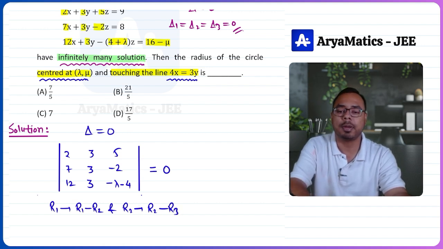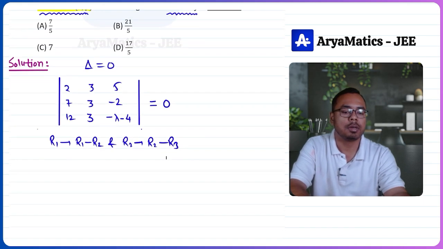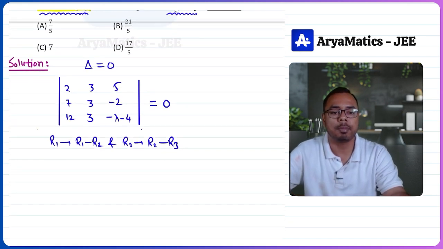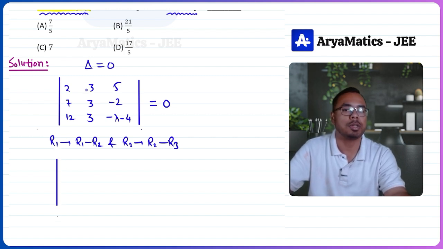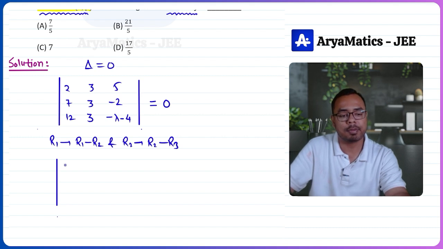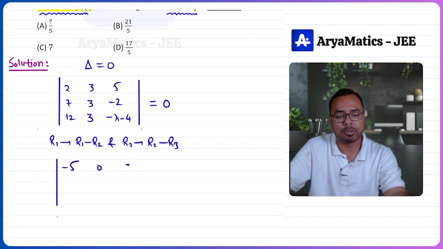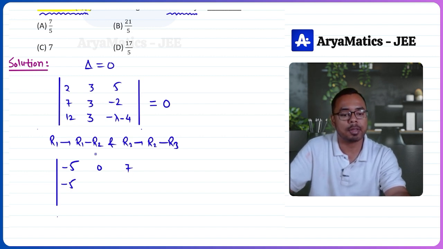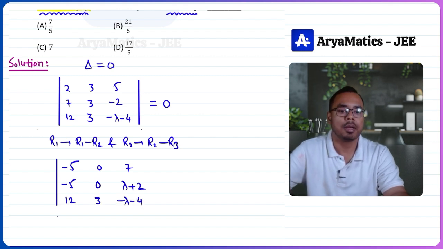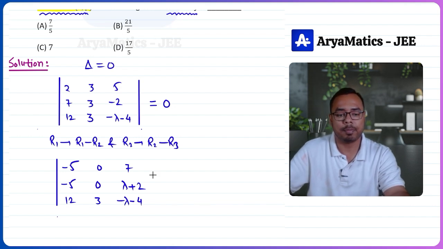Using this row operation, we can get two zeros in one column, and then we can expand along that column which has the maximum number of zeros. So 2 minus 7 is minus 5, 3 minus 3 is 0, 5 minus 2 is 7. Similarly, 7 minus 12 is again minus 5, 3 minus 3 is 0, and then lambda plus 2. And here we have 12, then 3, then lambda minus 4, and this determinant must be 0.